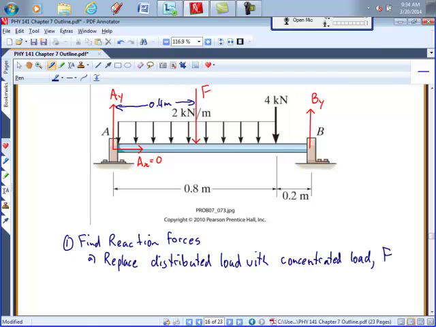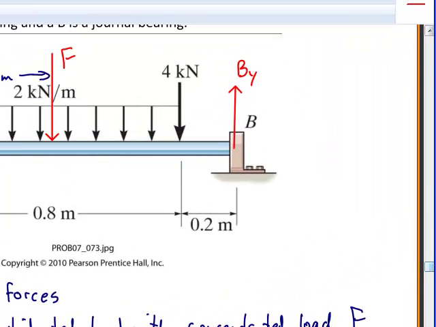Okay, and how big is F going to be? So it's going to be the area of that rectangle, so that's going to be 2 kilonewtons per meter times 0.8 meters equals 1.6 kilonewtons. All right, so we've done part A, and we would move on to the equations of equilibrium.